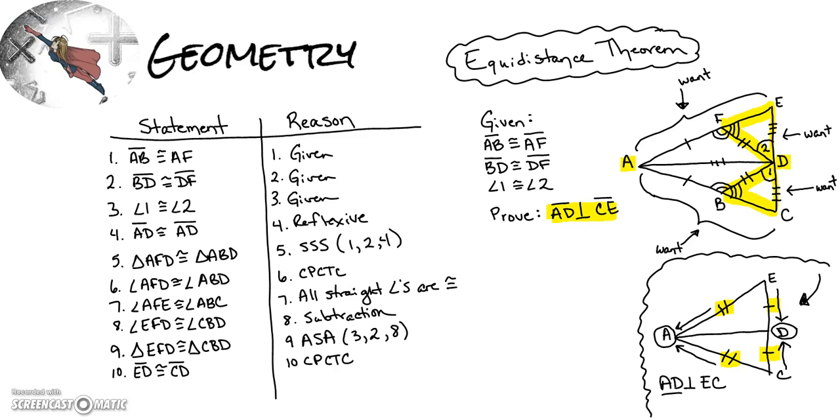But the first thing I would need to say is that FE is congruent to BC, which is also by CPCTC of those two small triangles.